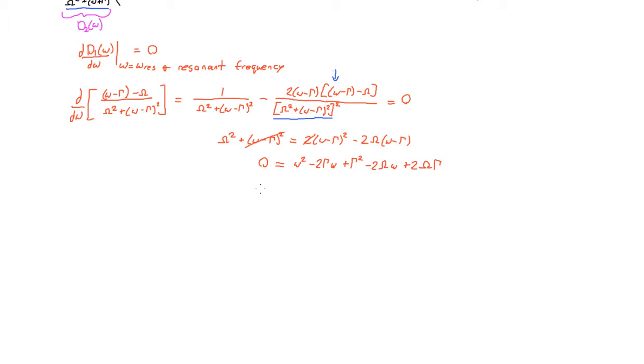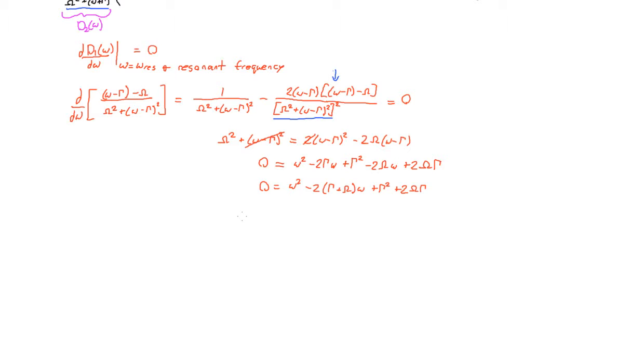Well, now we can rearrange this, and we'll have omega squared. We have a minus 2 gamma little omega minus 2, so it'll be minus 2 gamma plus omega little omega, and then plus gamma squared plus 2 omega gamma, right?